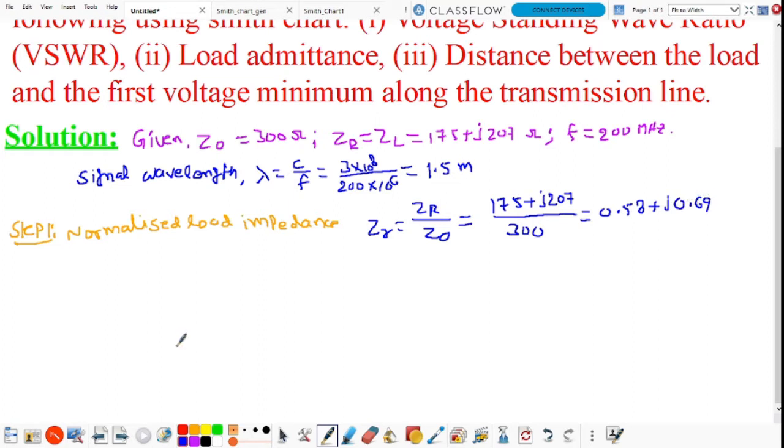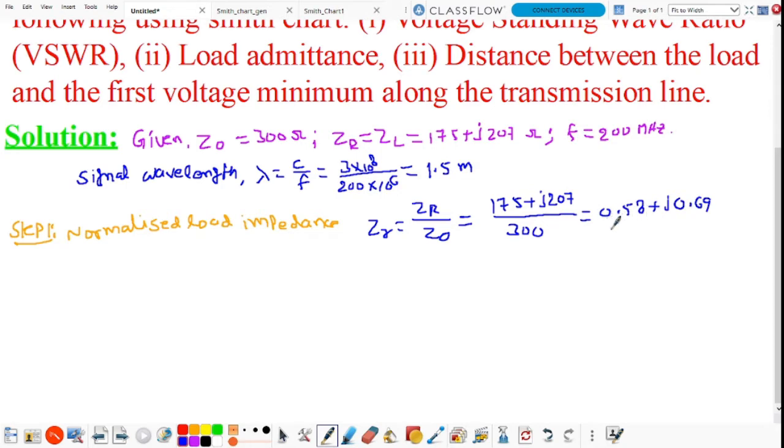The point P. So locate now the normalized load impedance z small r equal to 0.58 plus j0.69. This is the general representation of impedance, a complex quantity. It has a real part and an imaginary part; the real part of the impedance is resistance and the imaginary part is reactance.